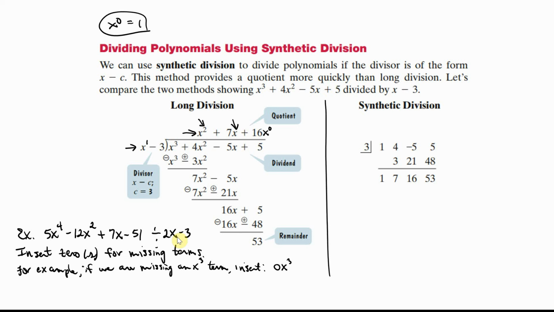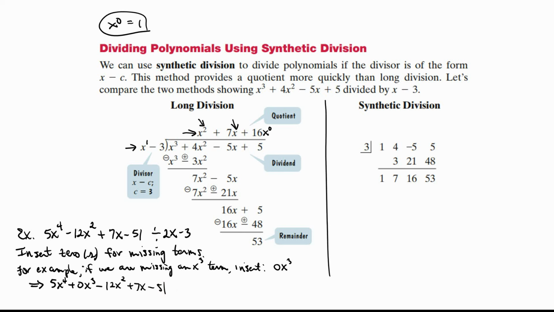So if we're missing a 0, insert a 0. And maybe we'll have an example later on that I can definitely show you. So for this problem, this would imply then that this would be 5x to the 4th plus 0x to the 3rd minus 12x squared plus 7x minus 51. That would be needed for long division.